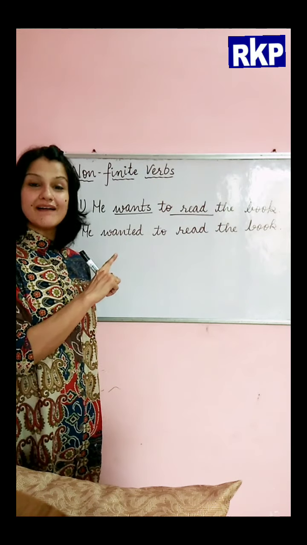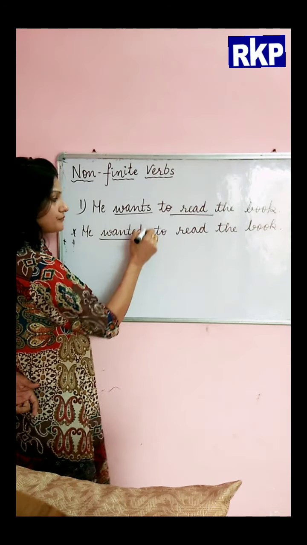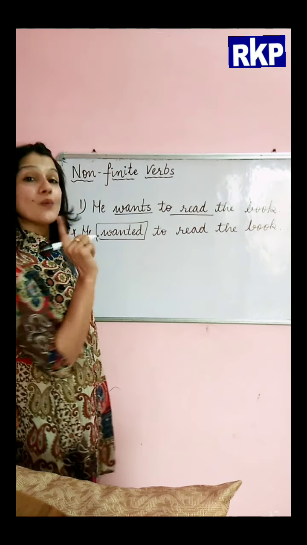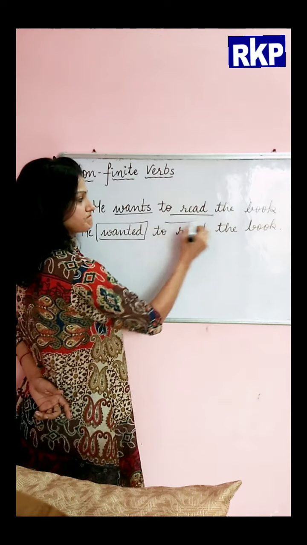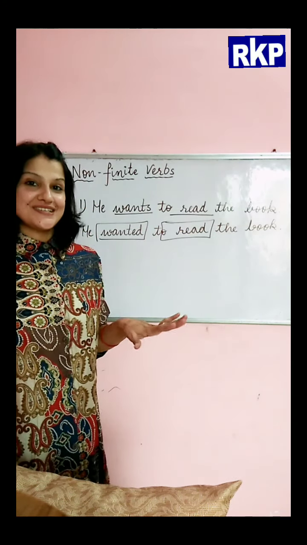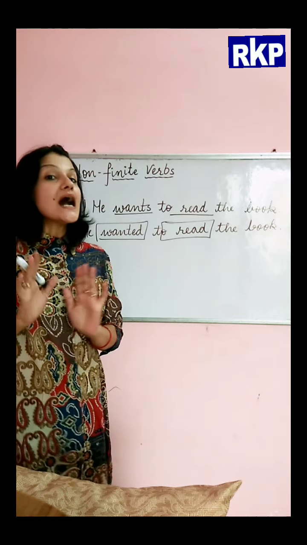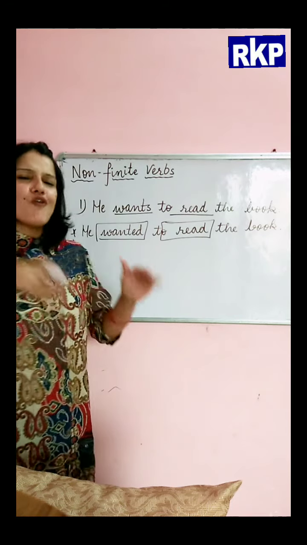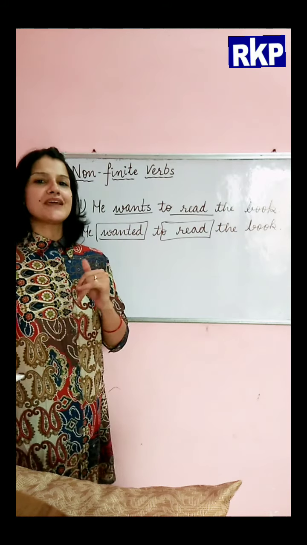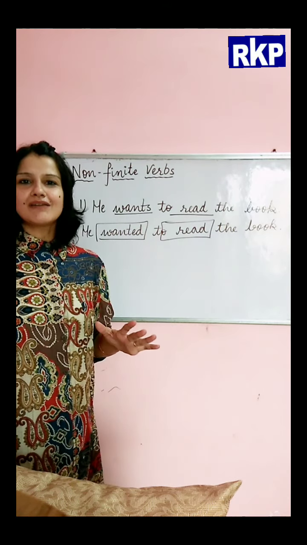Now if you see here, this verb changed its form, right? Whereas it is unchanged. It is unaffected of what is happening with the tense or what is happening with the subject, okay?